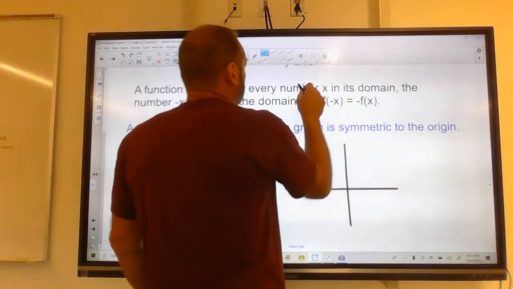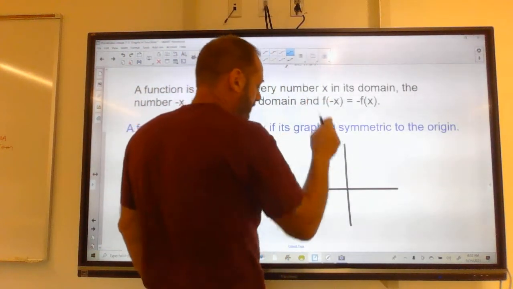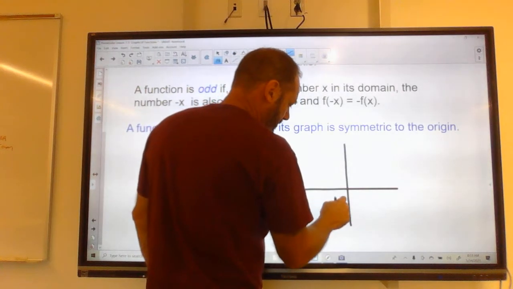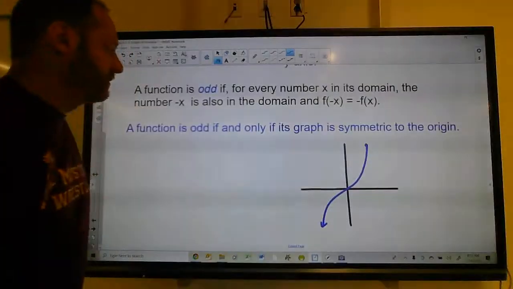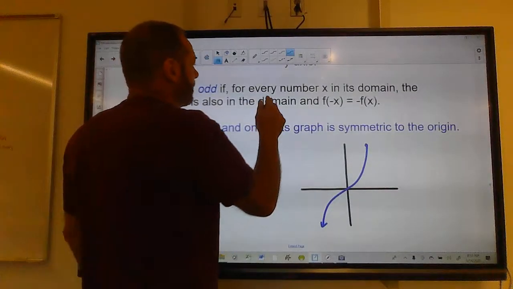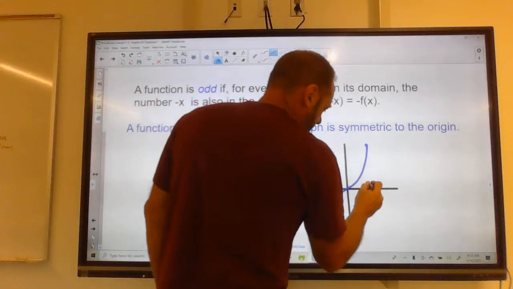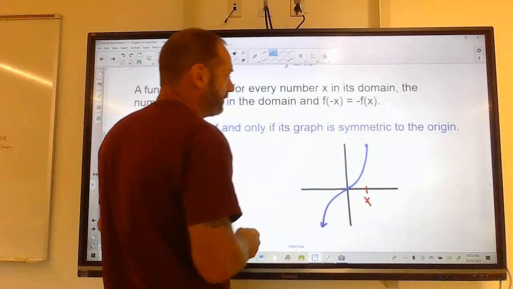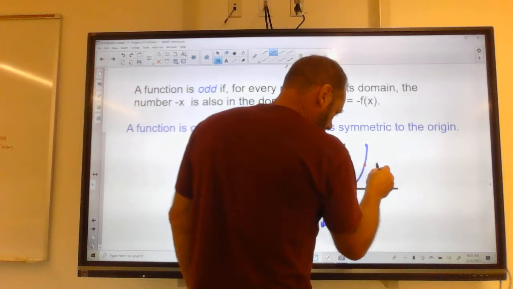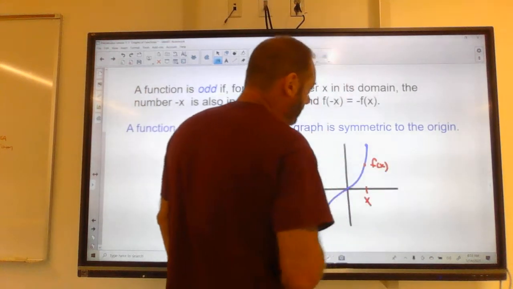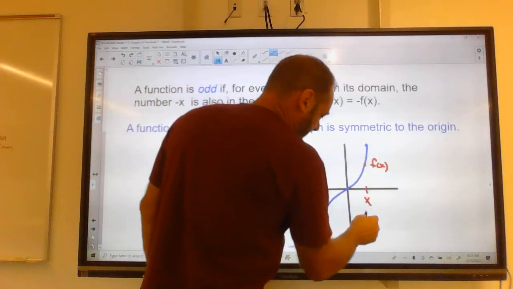Well, let's look at something like an x cubed. Okay, here's an x cubed. If I go out here to x, here's f of x, and then if I take the negative of that, that's going to be down here.